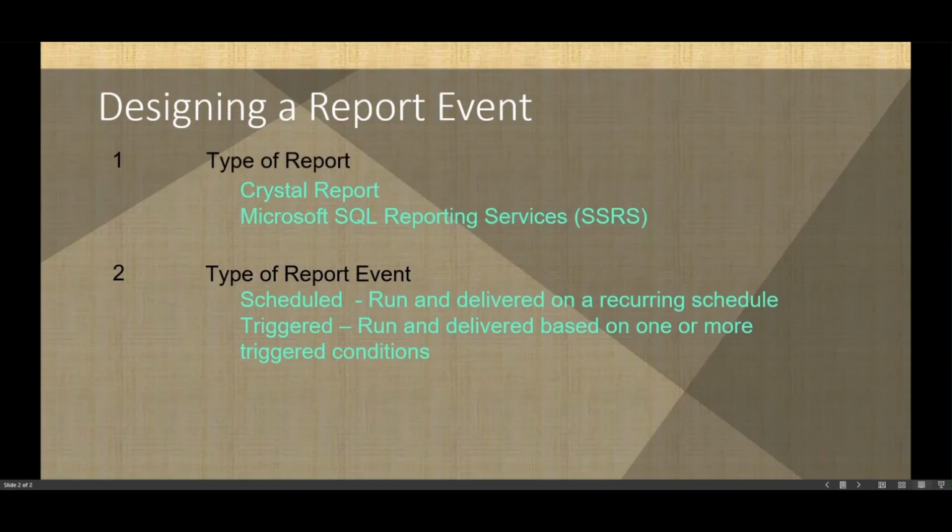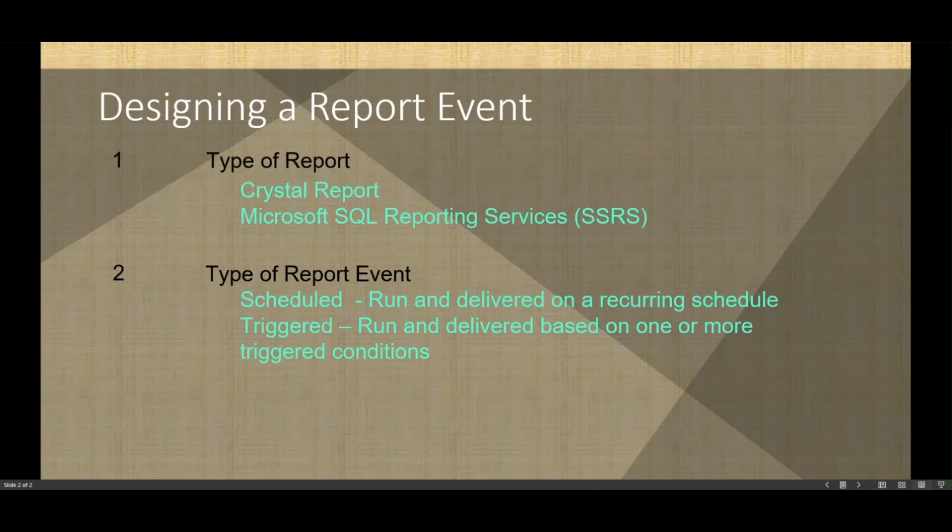The other would be a triggered event, and that would be run and delivered based on various criteria that you set up in that event as it relates to the trigger and perhaps the various conditions that need to be met for that report to be run. So in prior videos, you saw how emails could be created, but you could attach a report to an email. That's going to be some of the areas we get involved in here, particularly as it relates to triggered types of events.